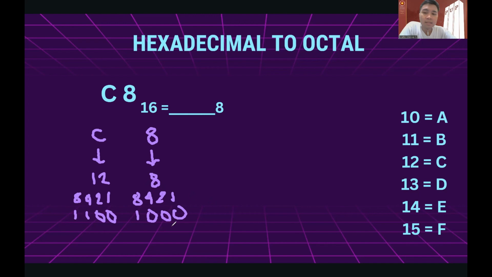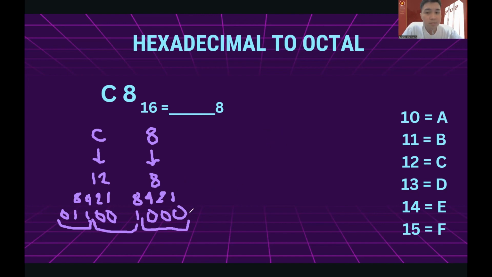Then after getting the binary, we will just regroup it in octal. So we have 3 bit. We regroup it in 3 bit, because the earlier one was 4 since it is hexa. So here, I will just put the 0 here, but we will disregard that. We can put it, but it is no problem.